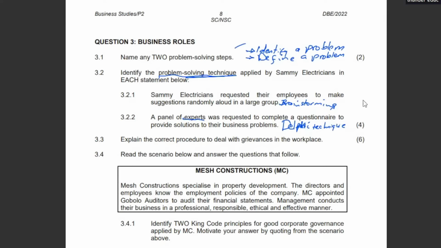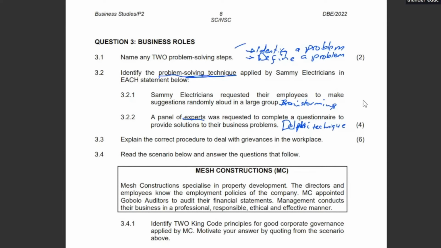So now, what should be done? An aggrieved employee must verbally report the incident or grievance to the supervisor or manager. And also the supervisor or manager needs to resolve the issue within 3 to 5 working days. And also should the employee and supervisor not be able to resolve the grievance, the employee may take it to the next level of management.